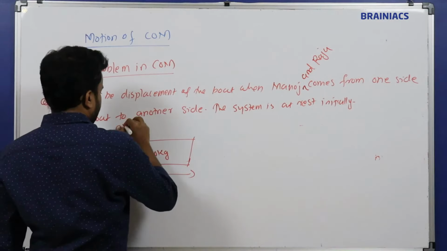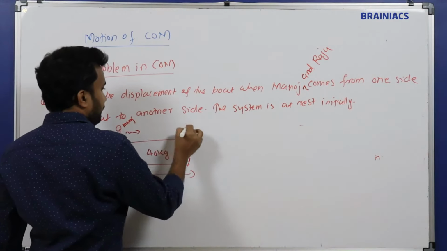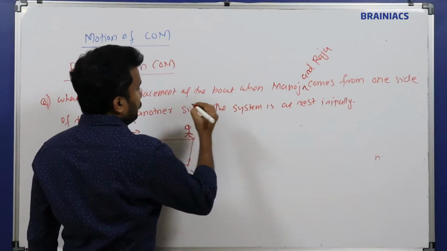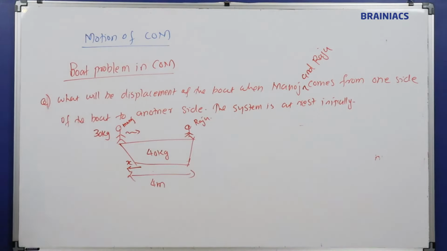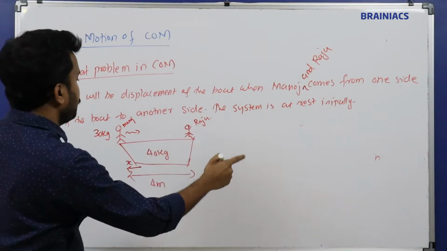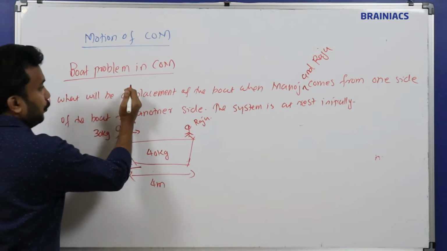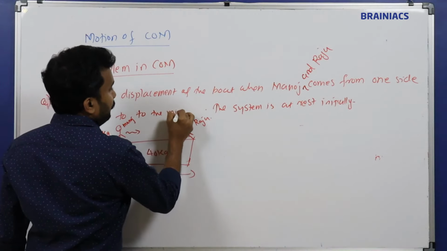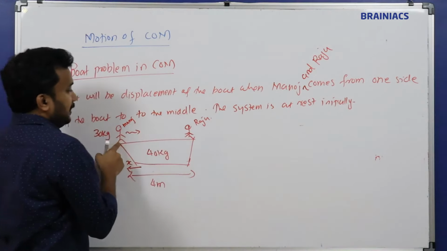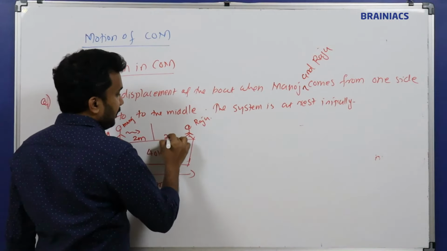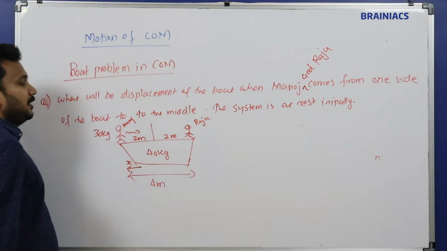This is Manoj and here is Raju. Now we have two persons who are traveling. Both come to the middle of the boat: this guy is traveling 2 meter and this guy is also traveling 2 meter. Both are coming and locating at the center.